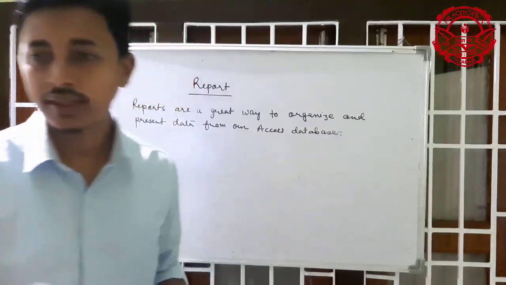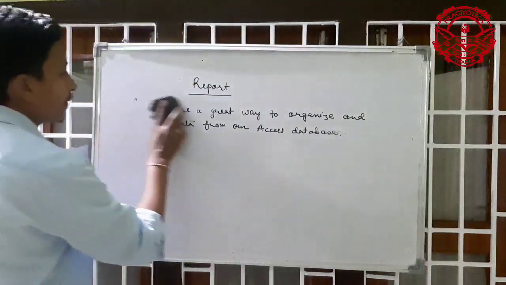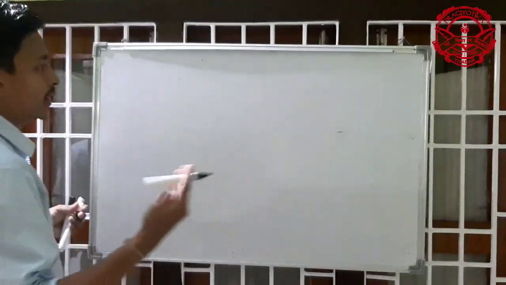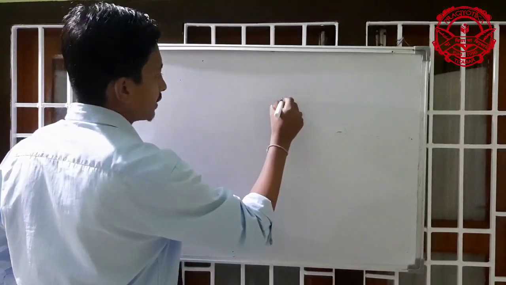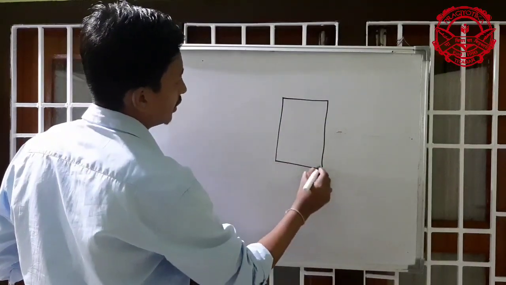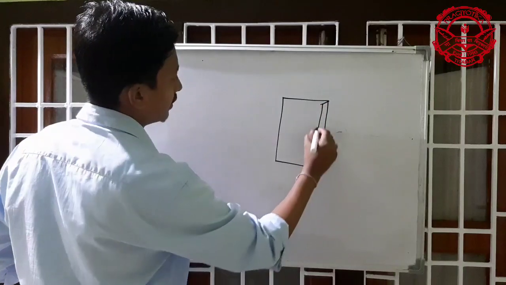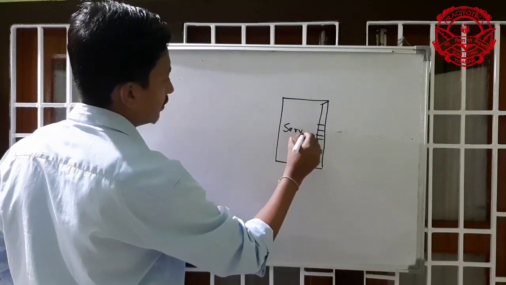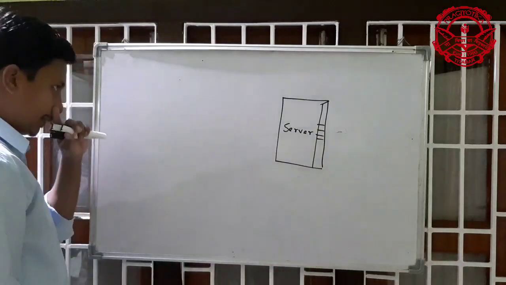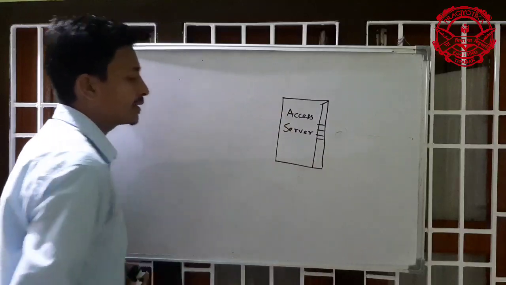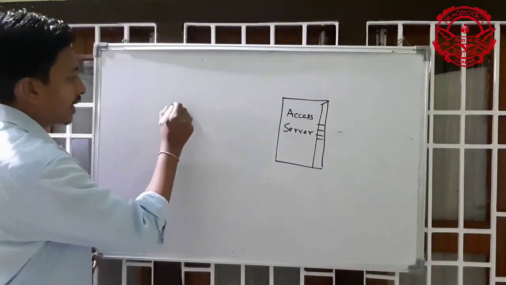For example, this is your database, this is your database server, the Access server. Now this is the client.